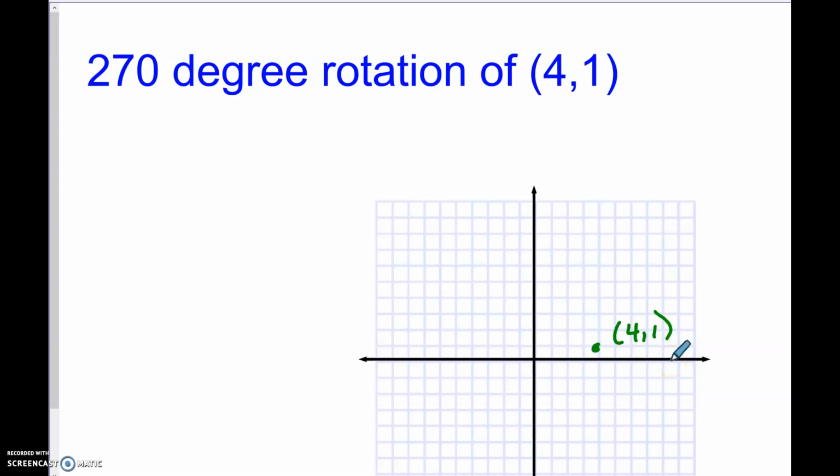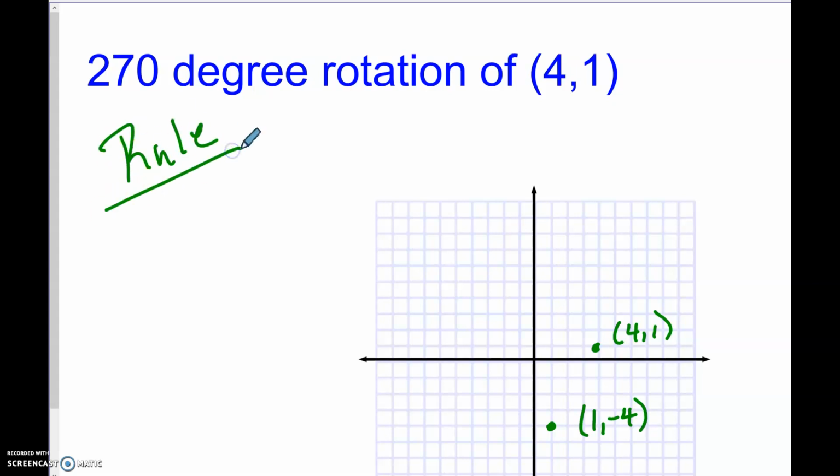So a 270-degree rotation is going to go, so 90 degrees, 180 degrees to this 4, 1. So now if this is over here 1 unit away, it's going to be 1 unit away over here, but down here. So what point is that? That looks like 1, -4. So if we're at 1, -4, what is the rule?